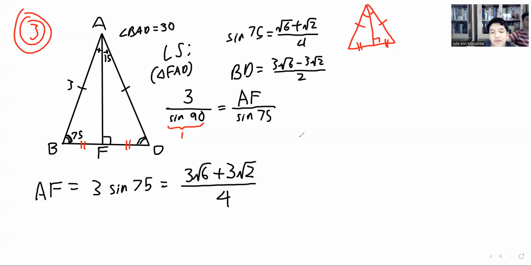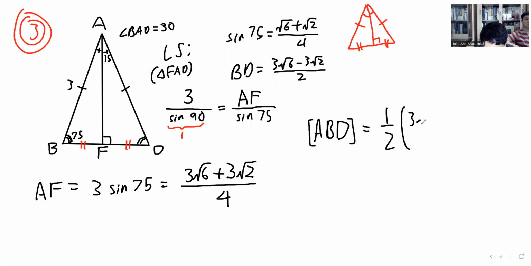So now we can again find what the area is by using the 1/2 mesh. Was 1/2 square root of 6 plus 3 square root of 2 over 4. And again times, let's put here, do I have enough space? Yes, I do have enough space.